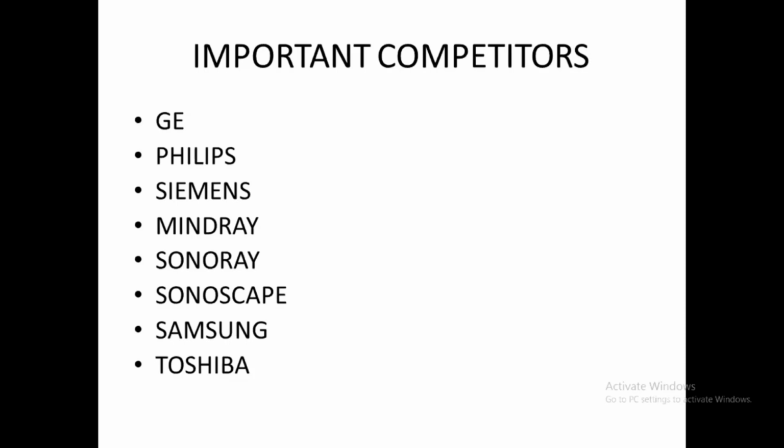Philips mainly stands out, especially in color Doppler images. Nobody can beat Philips in color Doppler images because the image is so beautiful. Then Siemens. As you can see, most of the companies here are helpful in depicting images in very high quality.